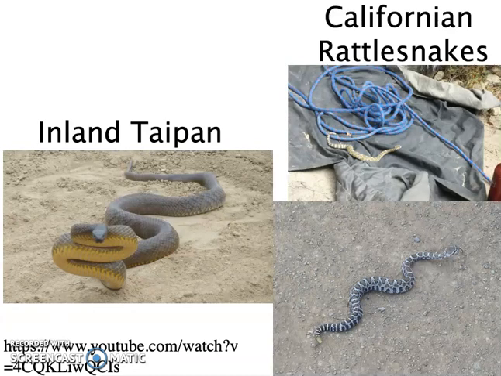Now, in both cases, the rattlesnakes or the inland taipan or any venomous or most venomous snakes will usually inject their venom by fangs that sit in the mouth of the snake. Though some snakes have the ability to spit venom out onto their prey.